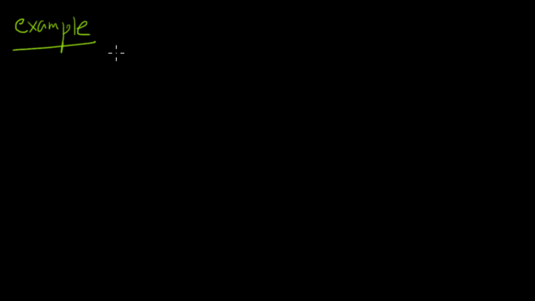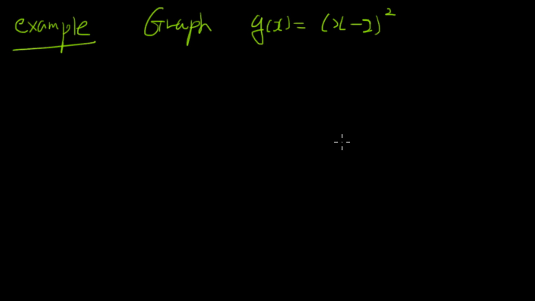Another similar example, yet very different. Graph. Now our g of x this time is going to be x minus 2 squared. Now this is certainly different from the previous examples. What's the difference?